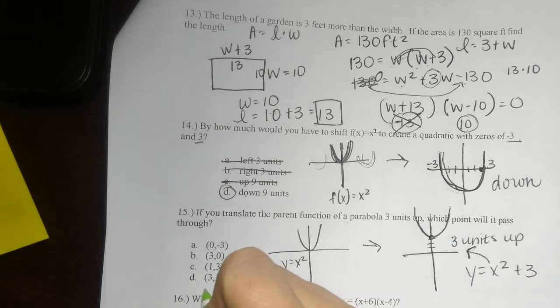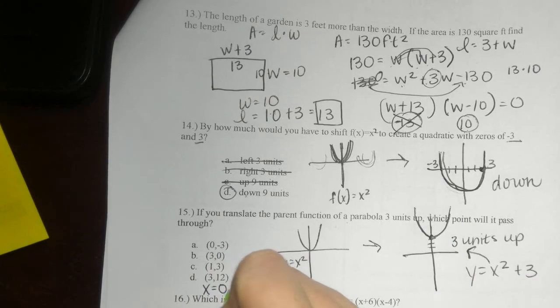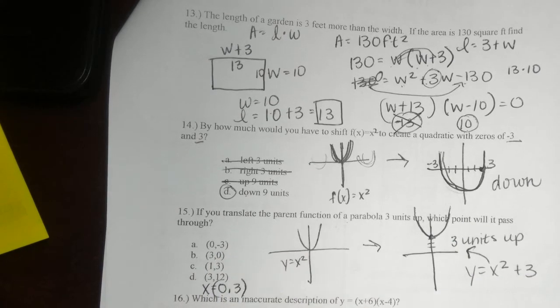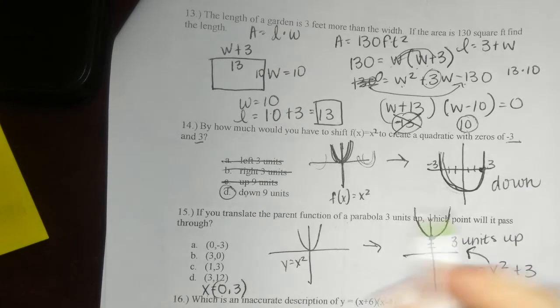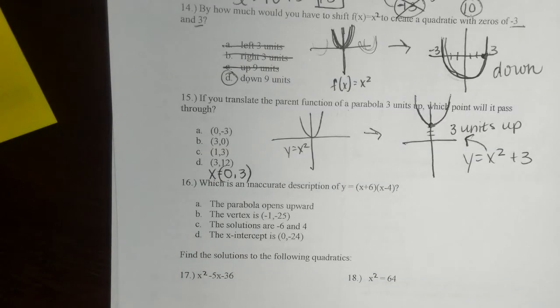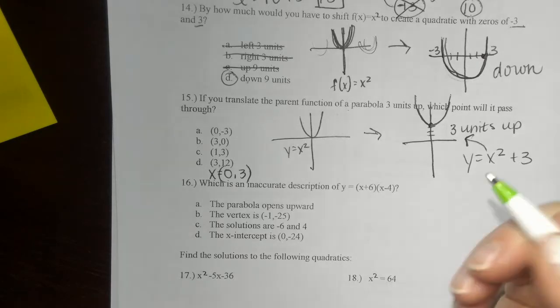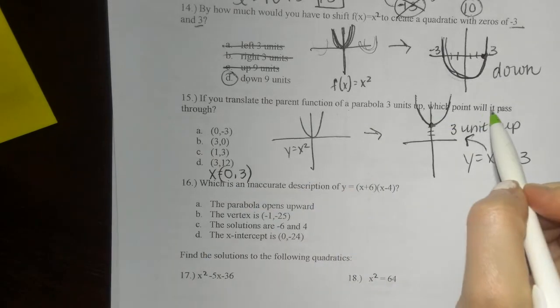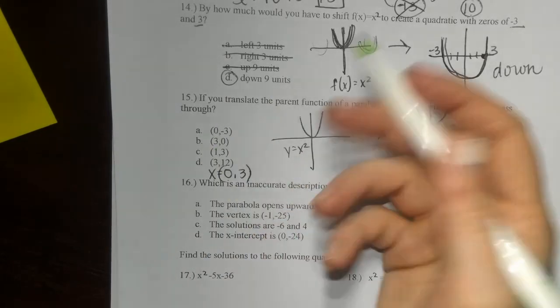Well, it has to be at x is 0 and y is 3. That's the vertex. It's not where it passes through on the y-axis, it's where it passes through on the x-axis. Oh, it's not saying what's the solution. Okay, I'm sorry guys. It's wanting to know which of these points it is just going to pass through.